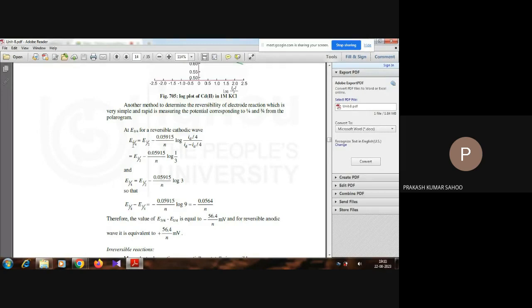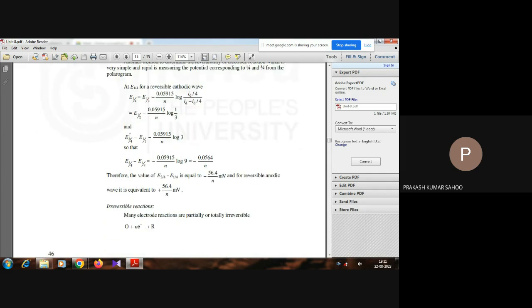We have E1 by 4 equal to E1 by 2 minus this log (ID by 4) by (ID minus ID by 4), because just recall for half wave potential I equals ID by 2, for 1 by 4 it is ID by 4 here, so this becomes 1 by 3. Similarly for E3 by 4 it becomes log 3.